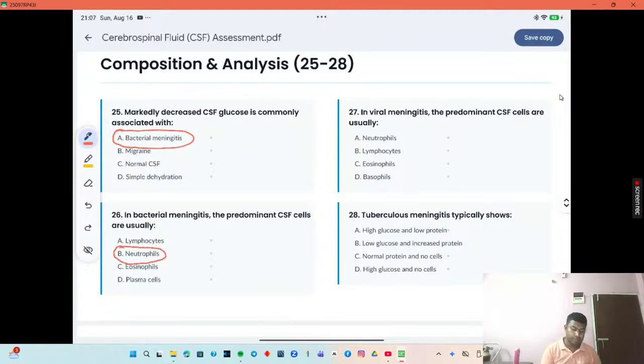Okay, so the predominant WBCs are neutrophils.